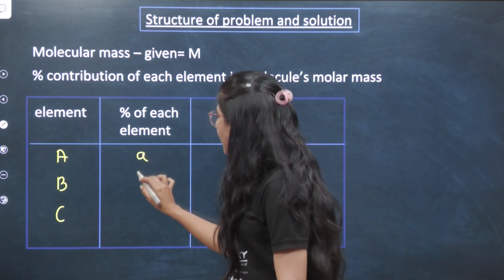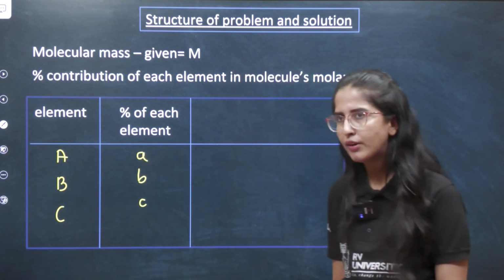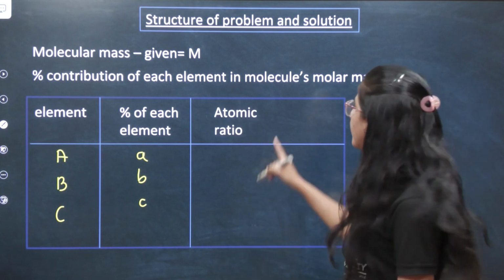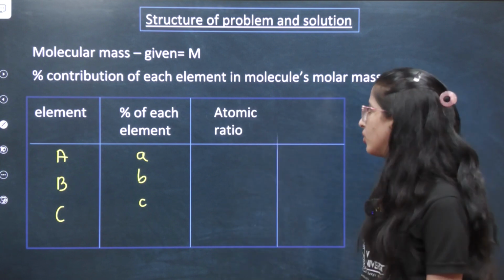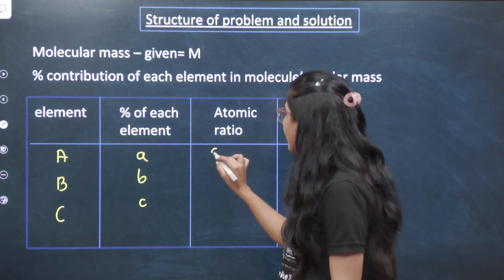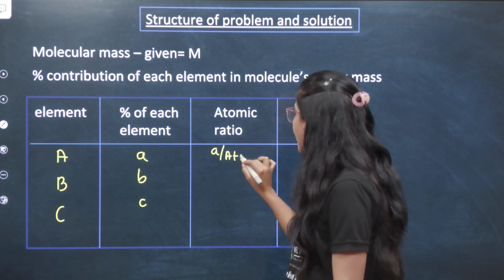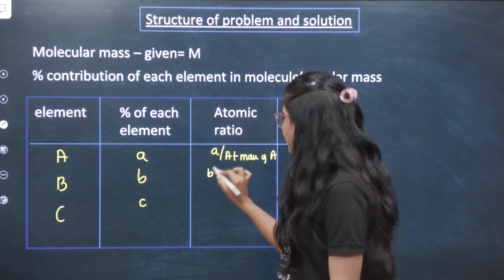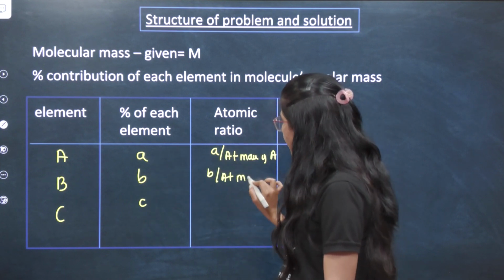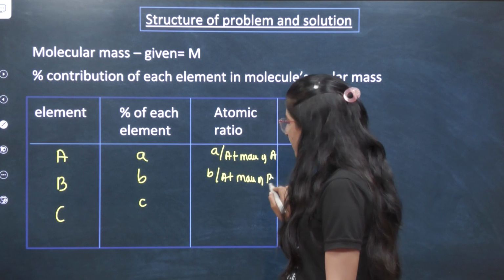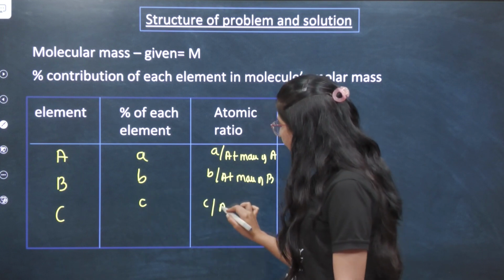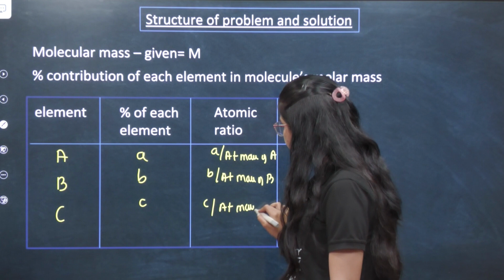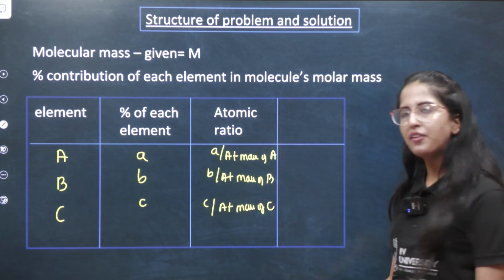Let's say it is A, B and C given to you. In the next column you will find the atomic ratio. That is, you will take A and divide it by the atomic mass of A, B divided by the atomic mass of B, C divided by the atomic mass of C. And you will get one ratio.